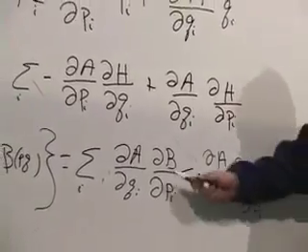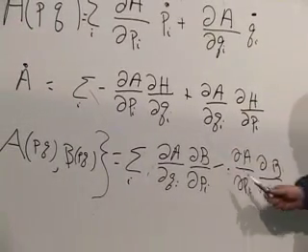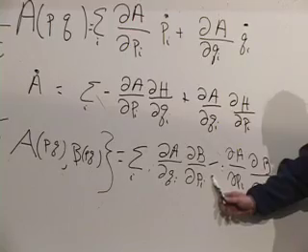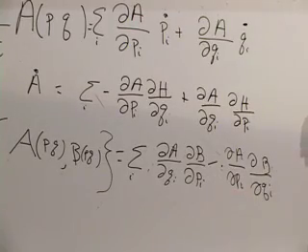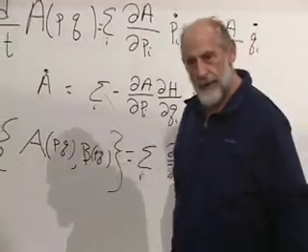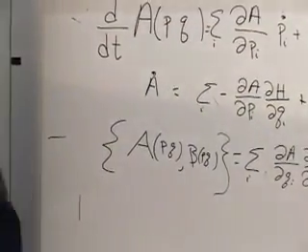You can see the symmetry of it. It's composed of two terms, one in which A gets differentiated with Q, one in which B gets differentiated with P, and vice versa. That's called the Poisson bracket of A and B.